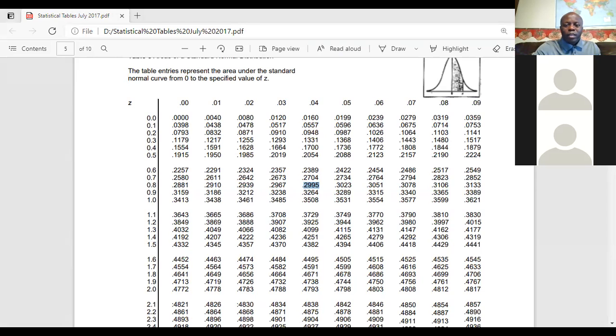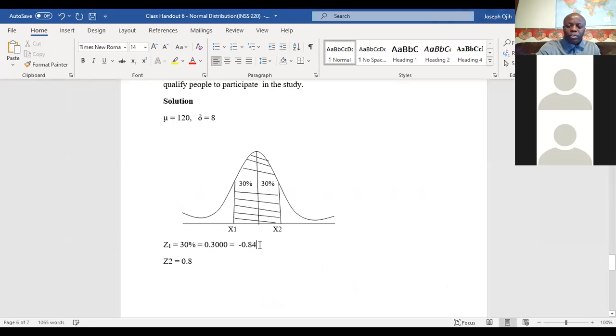Okay, so 0.84, I just typed it in. Now because it is on the left side and this one represents X1, it's negative. For the second part, Z2, which is for X2, by symmetry it's going to be 0.84, but now positive because it's on the right side.